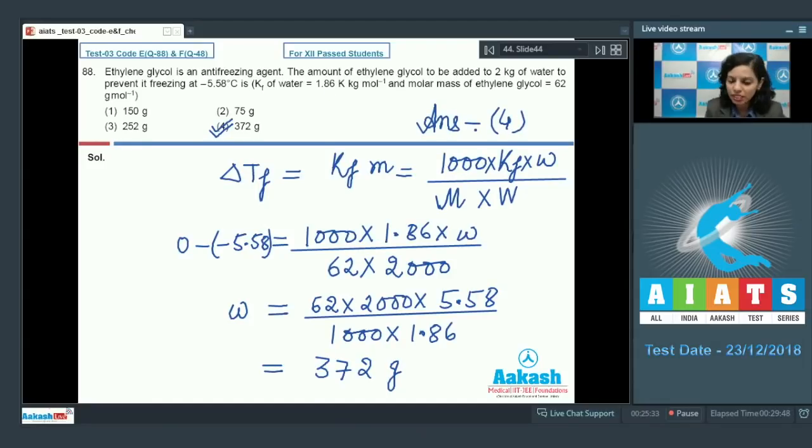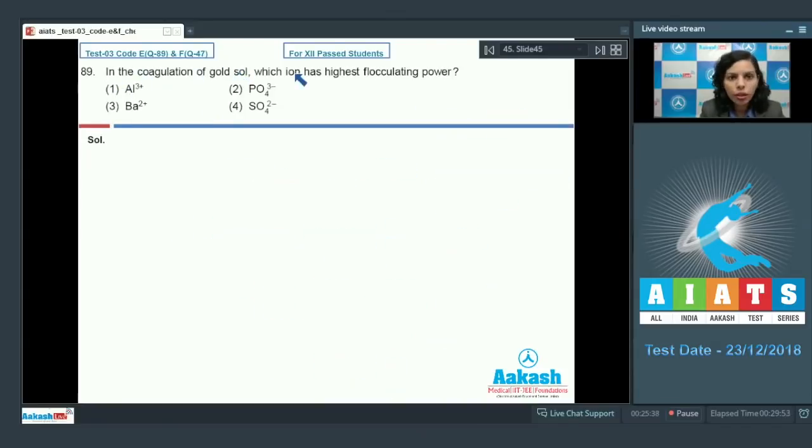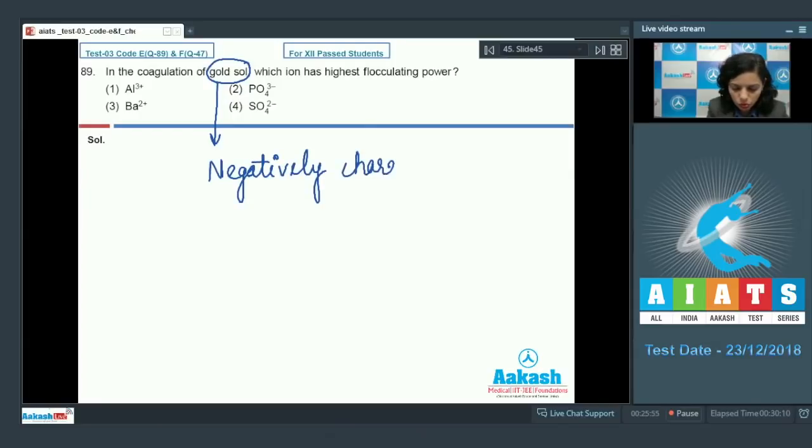Let's take the next question. In the coagulation of gold sol, which ion has the highest flocculating power? So just consider what this gold sol is. This gold sol is a negatively charged sol. And for the coagulation of a negatively charged sol, we need some positively charged species, some cation.